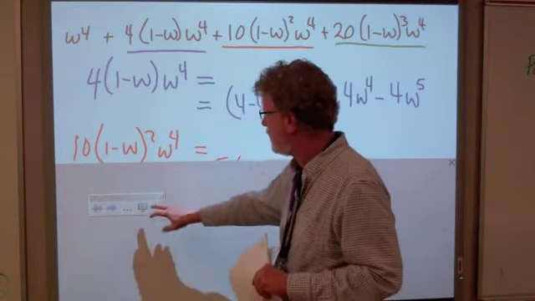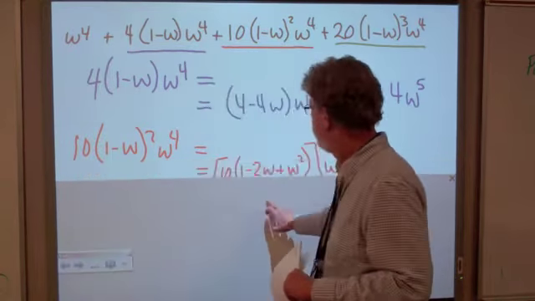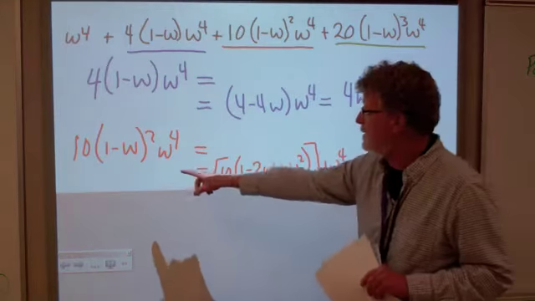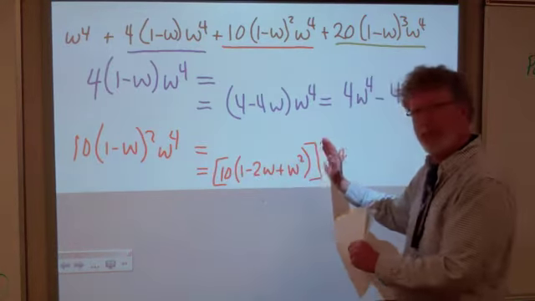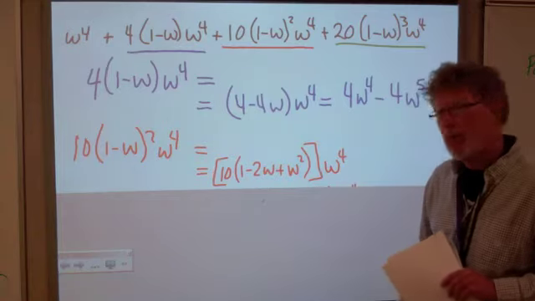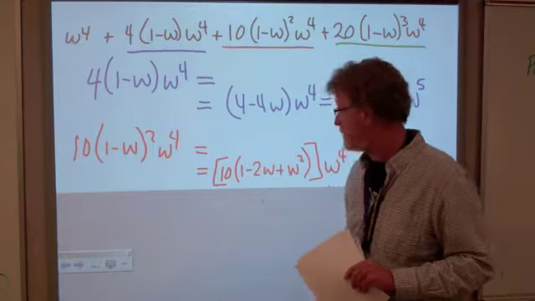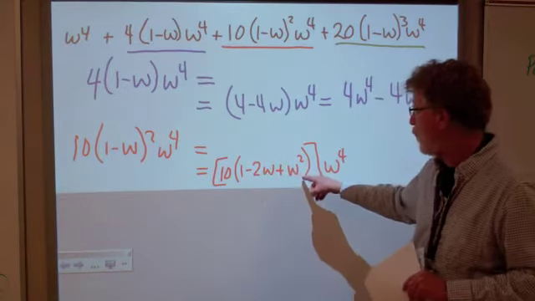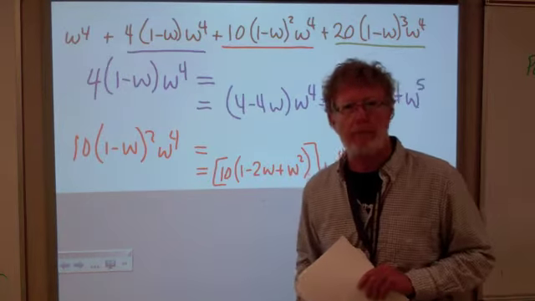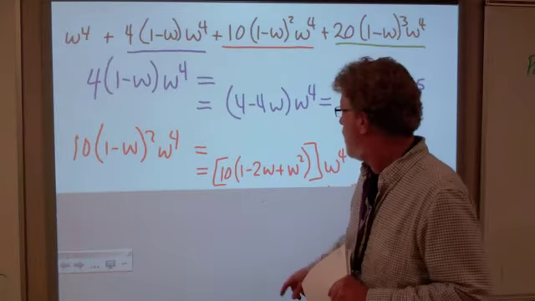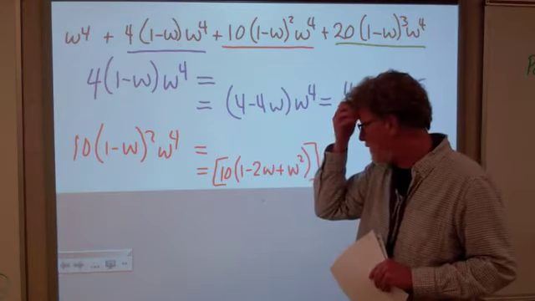Now, the next thing up, I pull this out. We're going to work this problem now. And we see 10 here. I put this in brackets just to make it easier for me to keep track of where I am. So the first thing I had to do was square the 1 minus w. So this is 1 minus 2w plus w squared. If you don't believe me, do the math and you'll see that I'm right. And now I'm going to multiply this times 10.